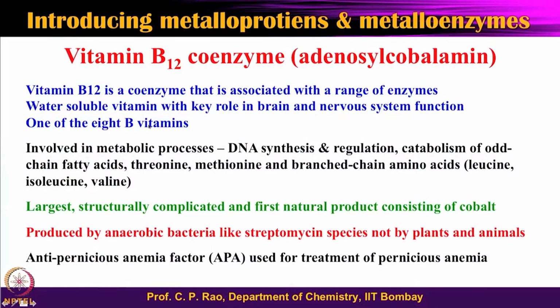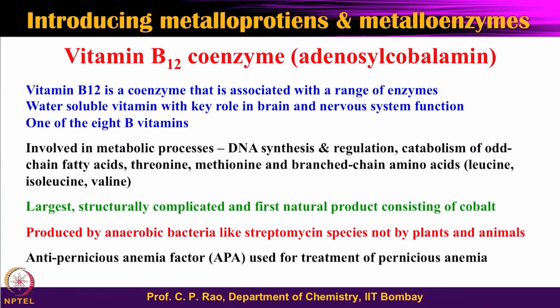So, you can see that this water soluble vitamin has a key role in brain and nervous systems and functions very well. It is one of the 8 B vitamins. It is involved in a variety of metabolic processes, particularly DNA synthesis, regulation, catabolism of fatty acids, and some amino acids like threonine, methionine, and branched ones like leucine and isoleucine.